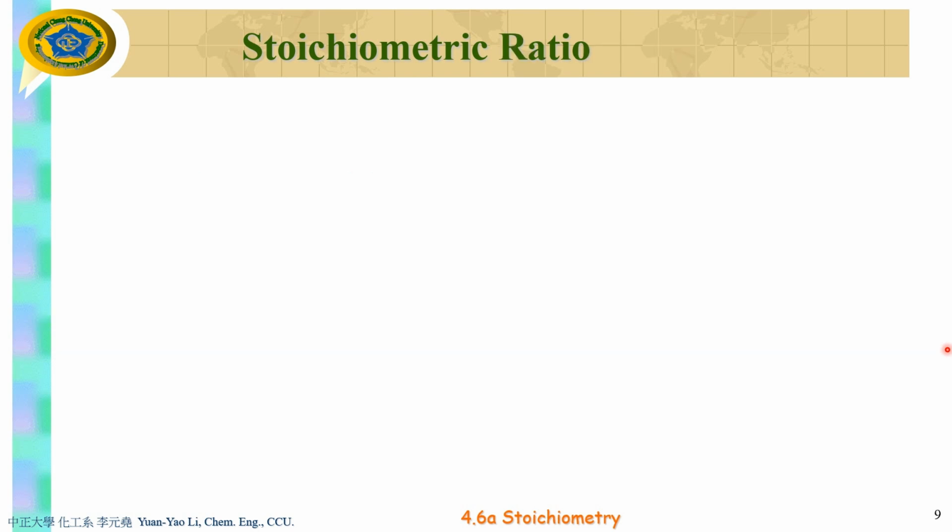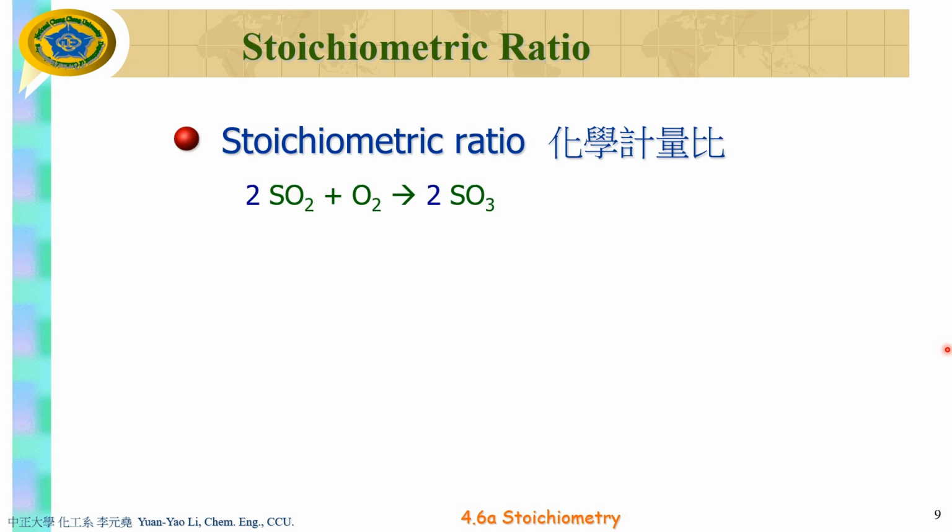How about the stoichiometric ratio? This is 2 moles, this is 1, right? If I ask you for the stoichiometric ratio of sulfur dioxide to oxygen, that will be 2 to 1. For SO3 to O2, that will be 2, 1, right?